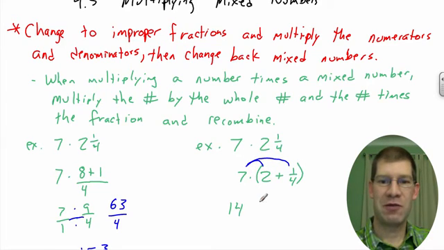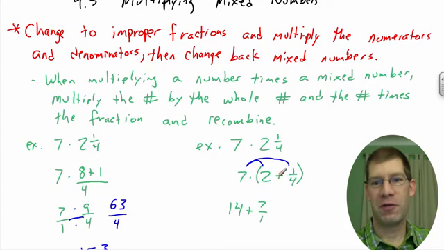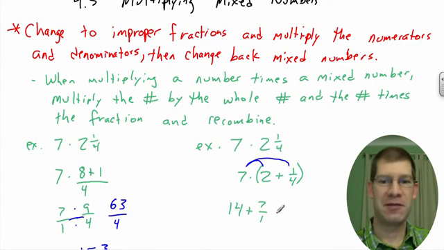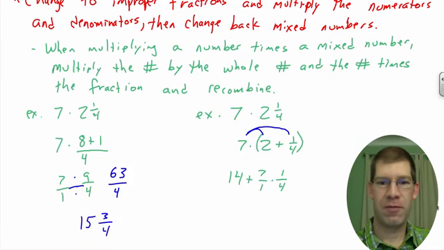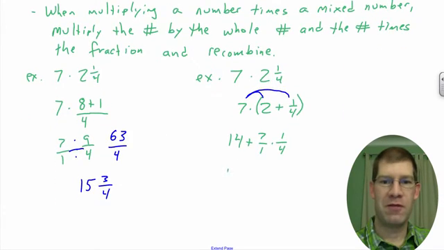Now I have 7 times 1/4, which we'll write out like before. I had 7 over 1, well, it's going to be plus. If you do distributive, it'll be the plus because I have a positive times a positive. But 7 over 1 times 1 over 4 is going to give me 14 still, plus 7 over 4.